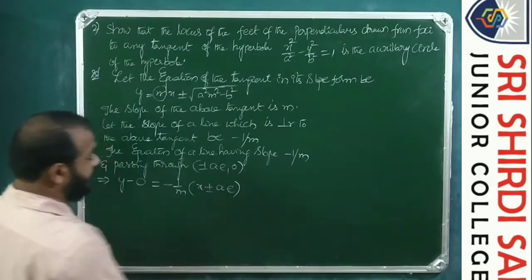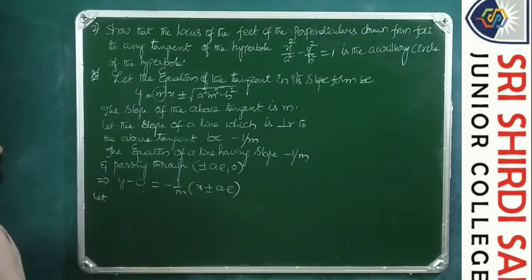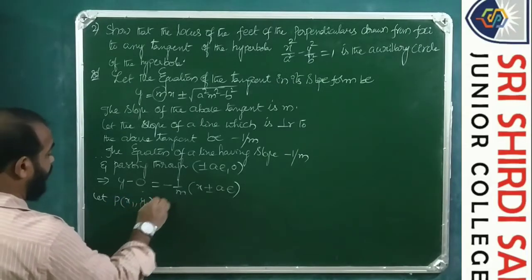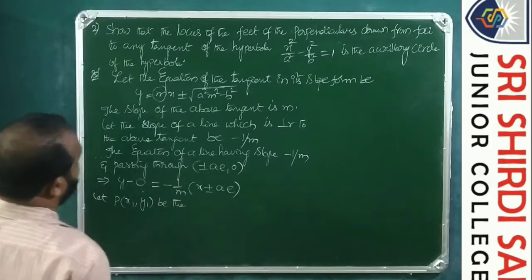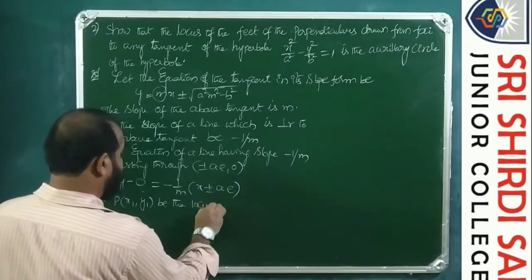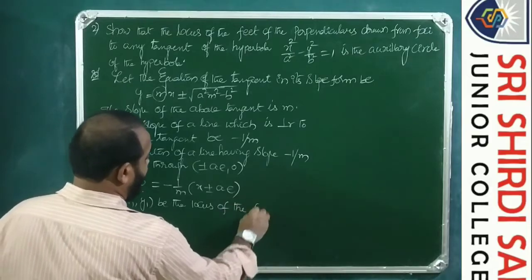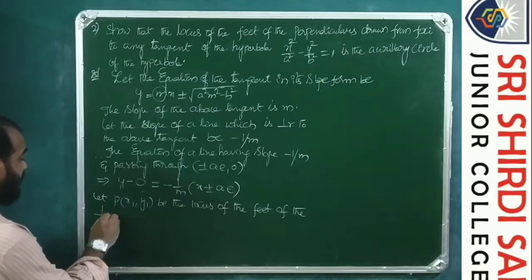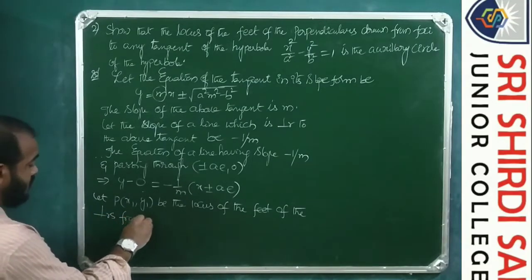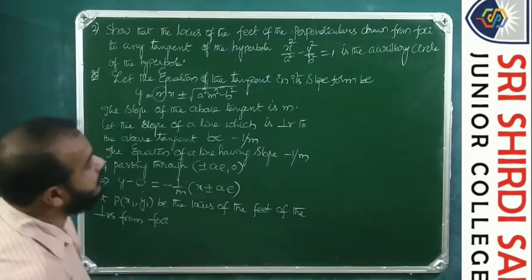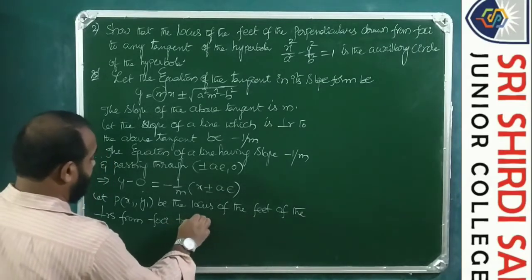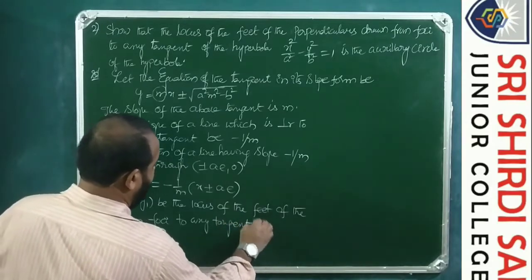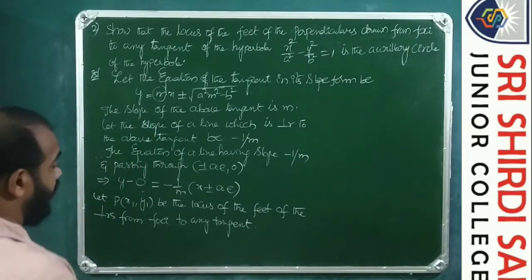Let P(x1, y1) be the locus of the feet of the perpendiculars from the foci to any tangent of the hyperbola.